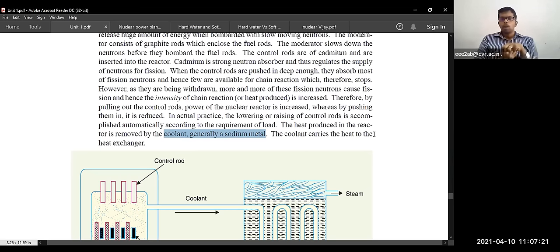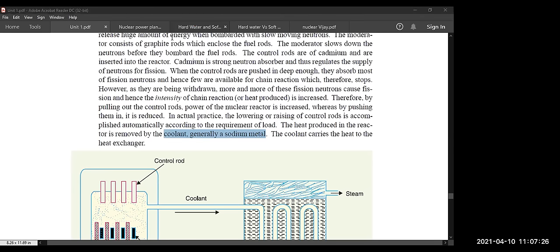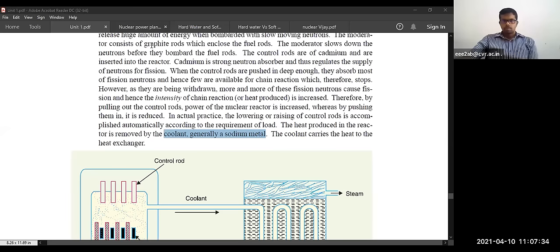If you want more power to be generated, you have to pull out the control rods. If you want less power, you have to insert them accordingly. Whether it is 1/4, 3/4 or 1/2, they can be inserted accordingly.